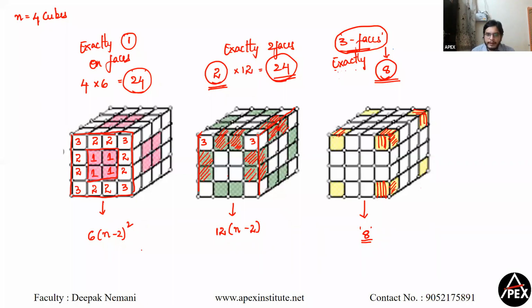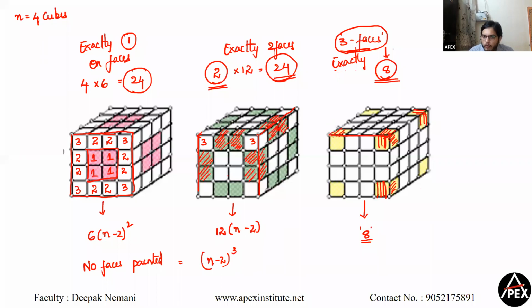This is for exactly 1 face, and for cubes with no faces painted, the formula is n minus 2 whole cube. Now, what is n? N is nothing but the side of a cube, the number of smaller cubes along each edge.